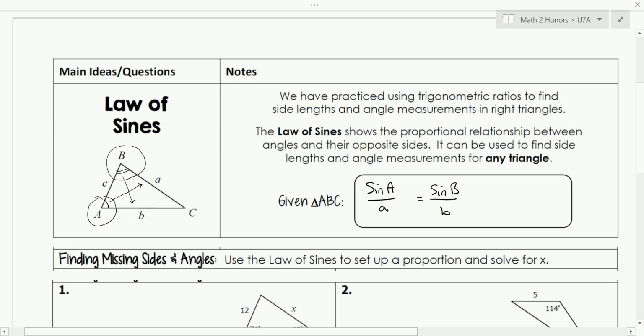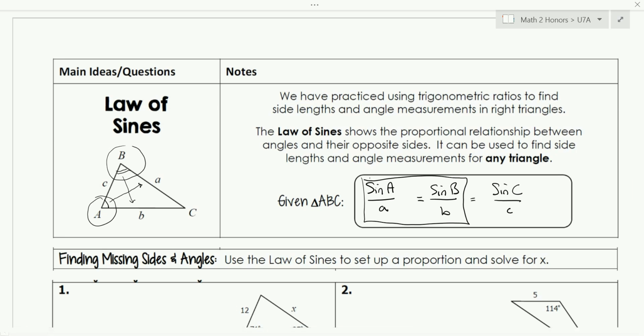Okay, and that's the law of sines. You can also extend that proportion to use C. You could say it's also equal to the sine of C over side c. But I'm just going to focus in on the first two. It doesn't matter which side length or which angle you're using.